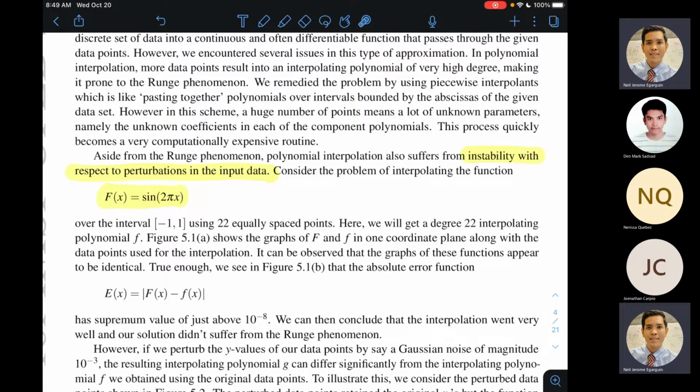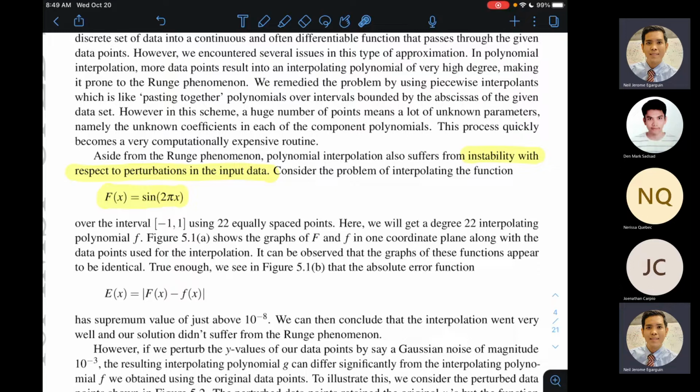Tapos unstable siya kapag maliliit na changes dun sa input data brought about big and often significant changes in the output. So which makes sense kasi kung maliit lang yung pagbabago dun sa input data, dapat konti lang din yung mabago sa output. And those are the ideal methods that we want to keep insofar as applications is concerned.